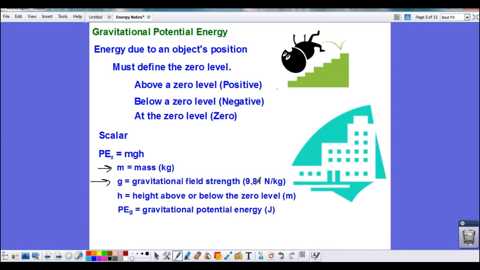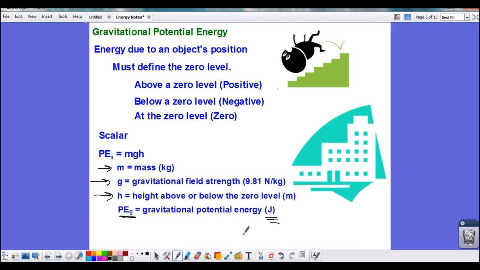And the height above or below the zero level, and again we have to define where that zero level is in order to do the problem. The symbol is PEg, which is the gravitational potential energy, and it again is measured in joules.